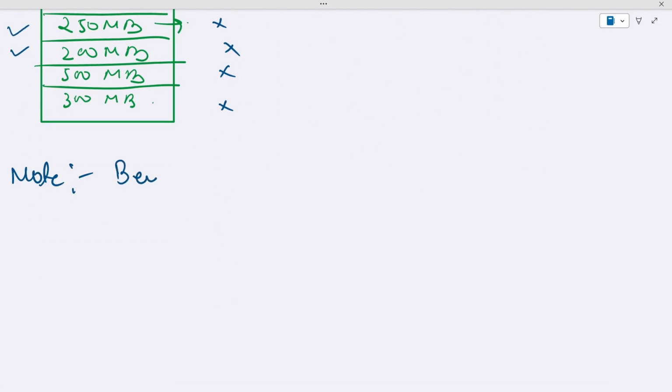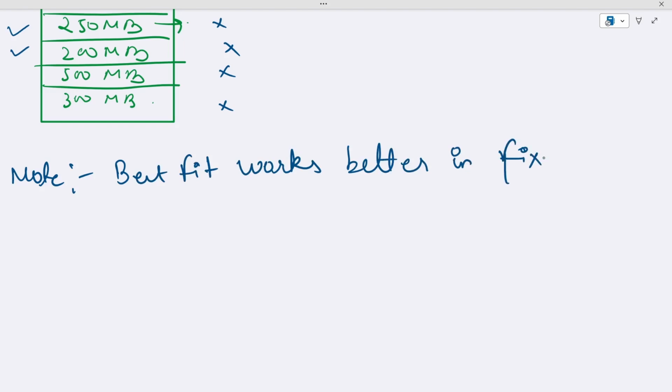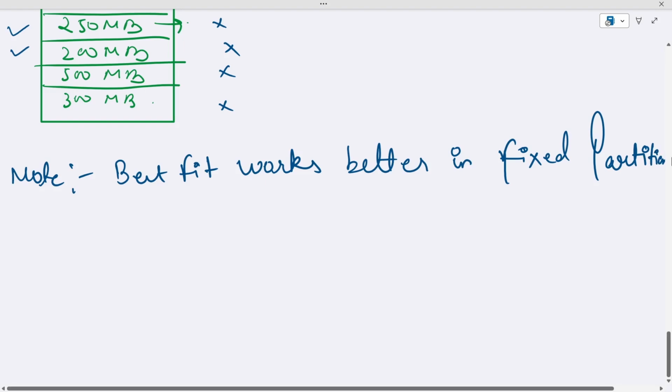It means that best fit works better in fixed partitioning, that is, fixed partition contiguous memory. I hope you understand this.